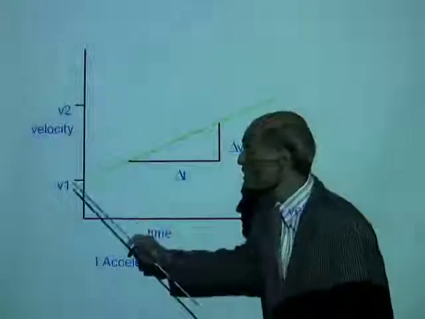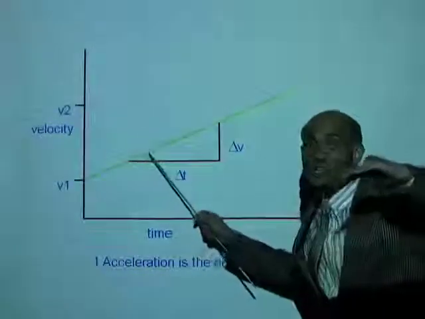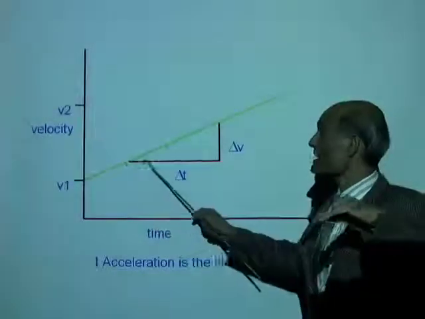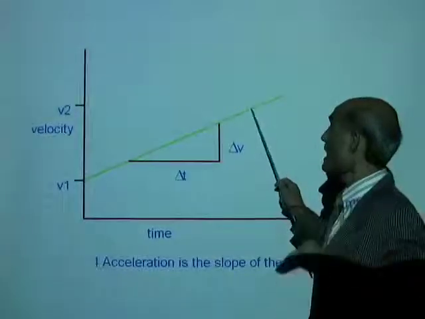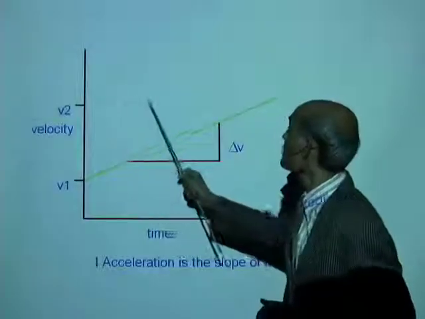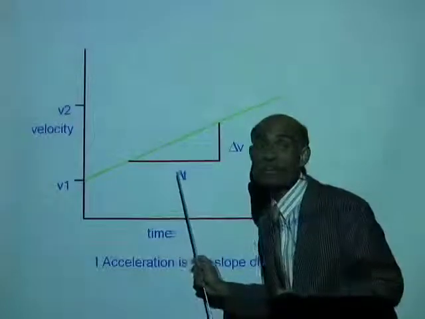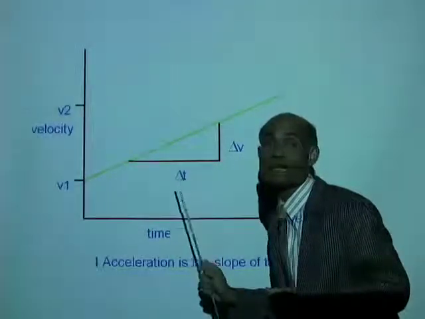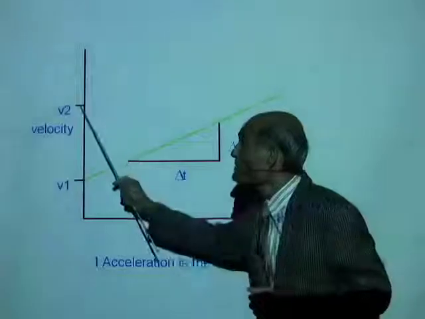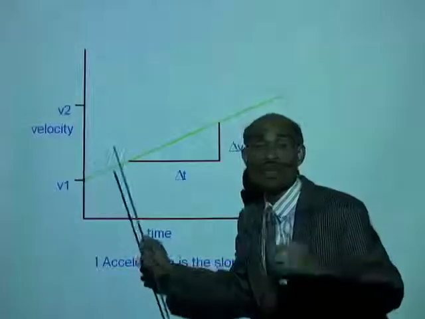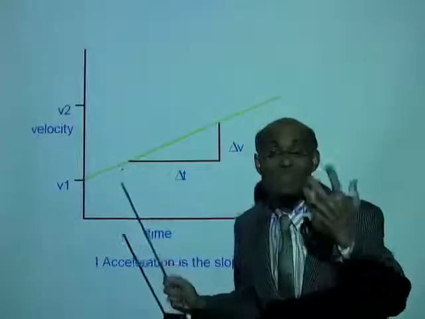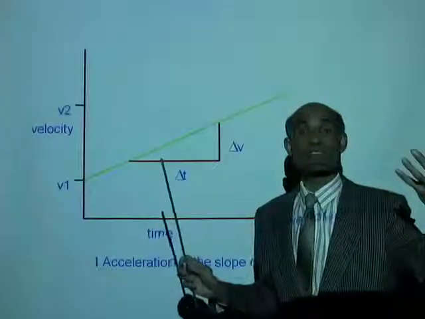What does that mean? It increases steadily. The increase is uniform. You can see a straight line until the velocity reaches v2. And if that happens in a time t, then v2 minus v1 over the time is the definition of acceleration.